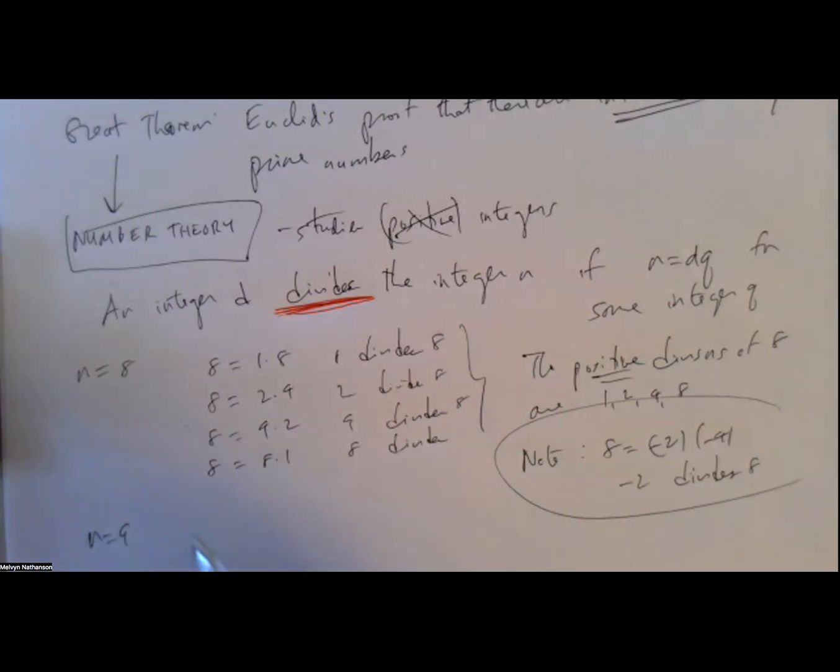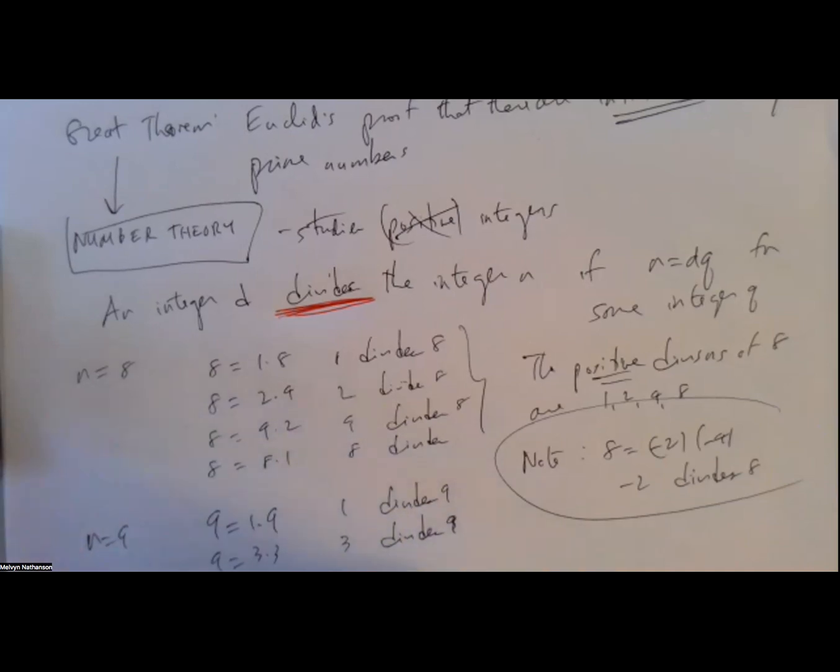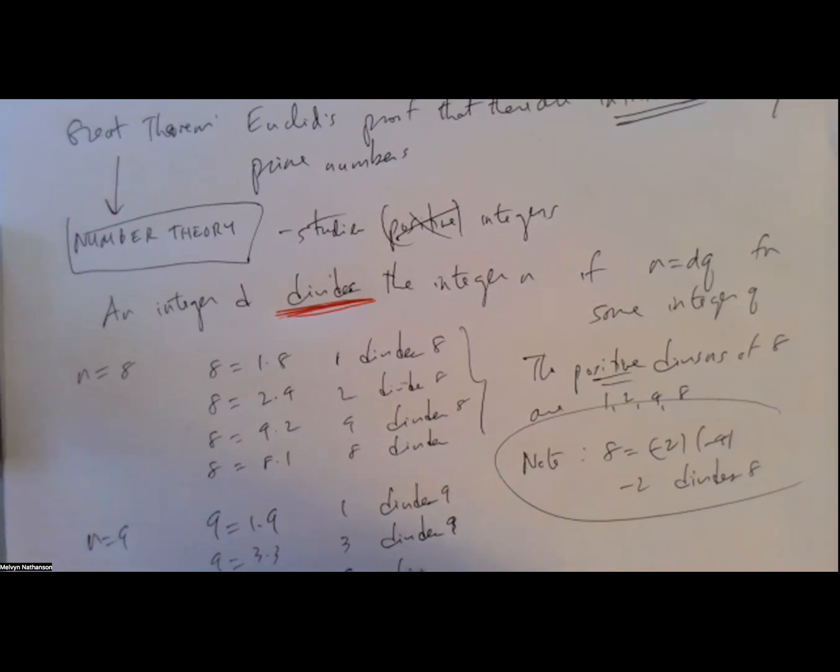So let's take n equal 9. 9 is 1 times 9, so 1 divides 9. 9 is 3 times 3, so 3 divides 9. 9 is 9 times 1, so 9 divides 9.